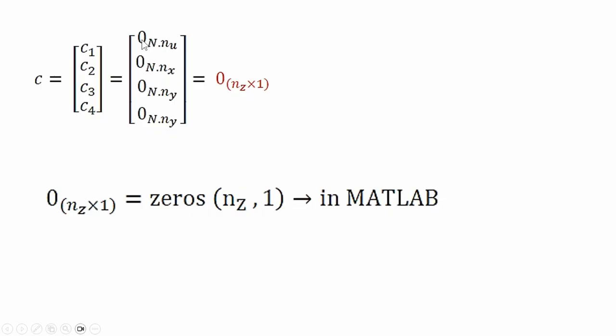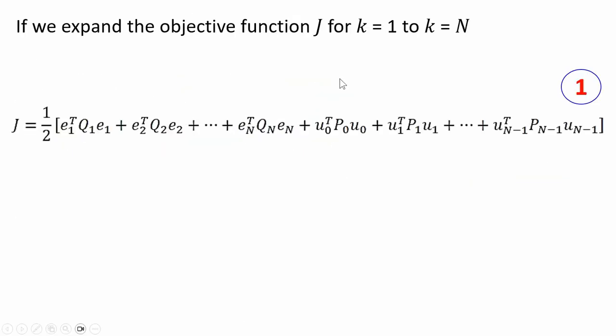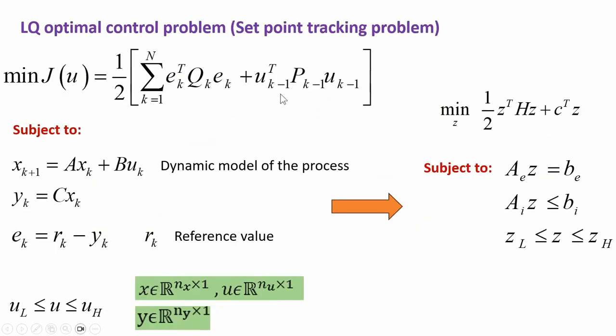There is no linear term. That means the linear term of the standard quadratic optimization problem should be 0. When we compare this one, or when we change this one into this one, here there are no linear terms. So C transpose, or C, is simply a vector of zeros. C should be a vector of zeros.